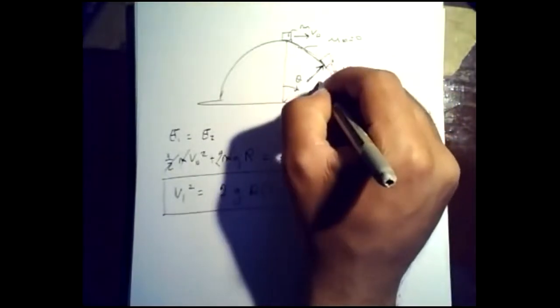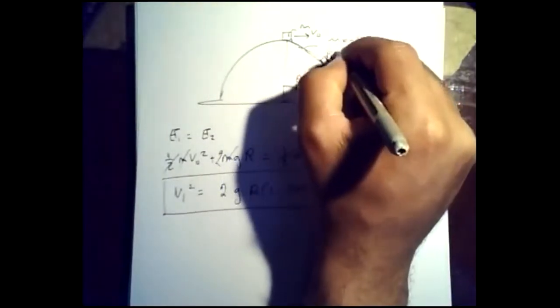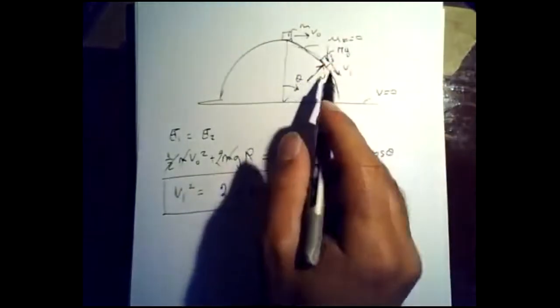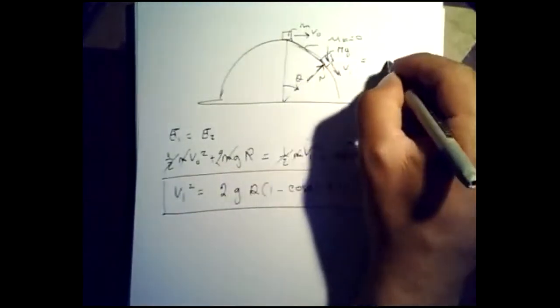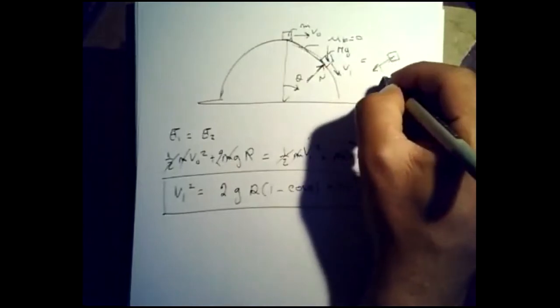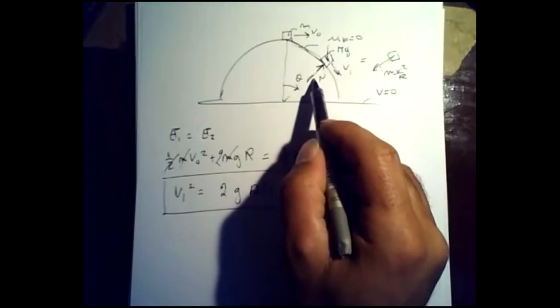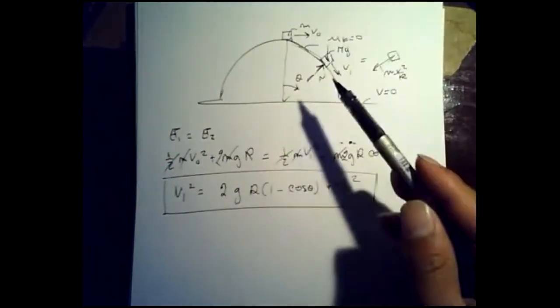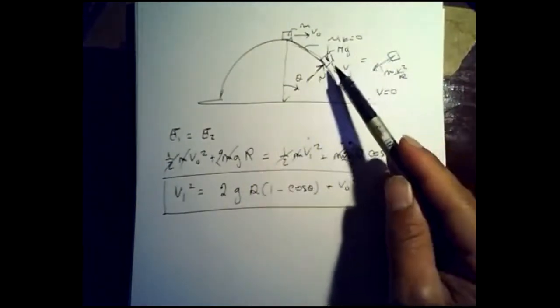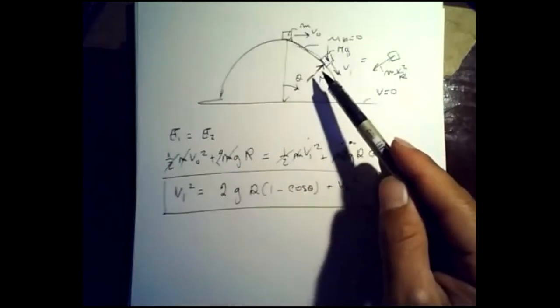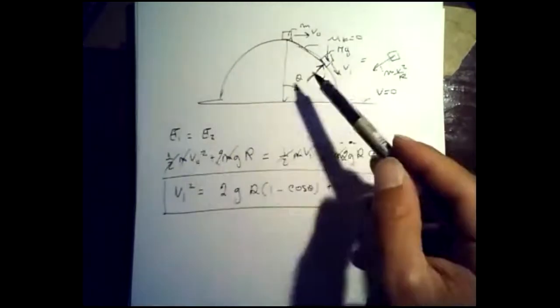So this is your N, and this is your mg. And obviously you are going to have this mv squared over r, and you find where N is equal to 0, right? If I ask you at what angle the object begins to leave the surface, this is your homework assignment. This is actually one of the homework assignments.